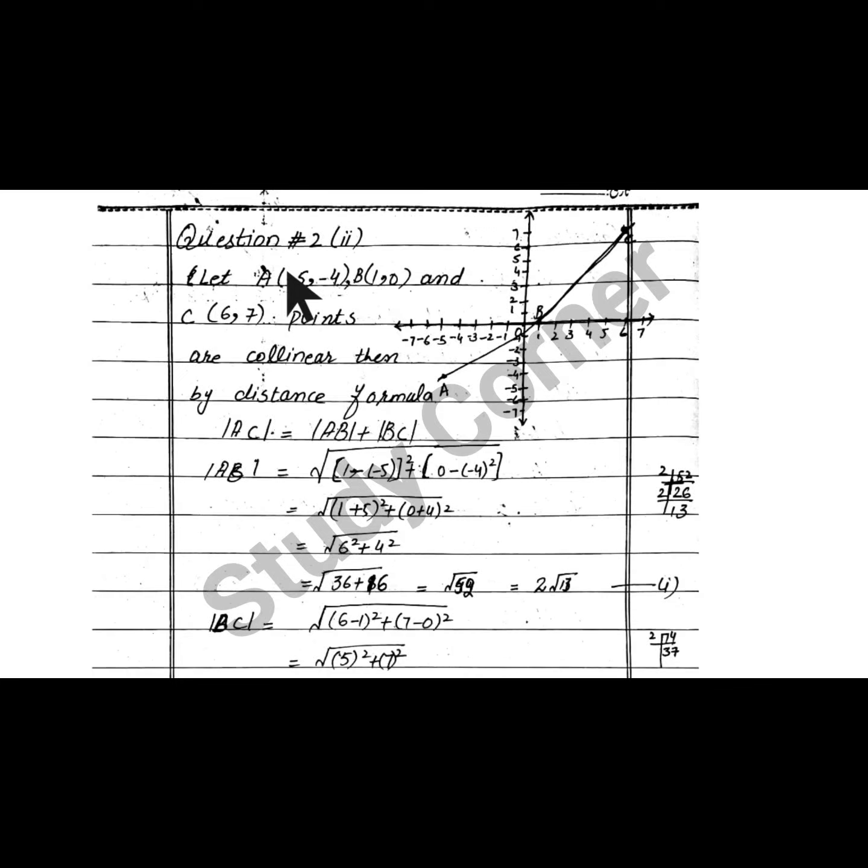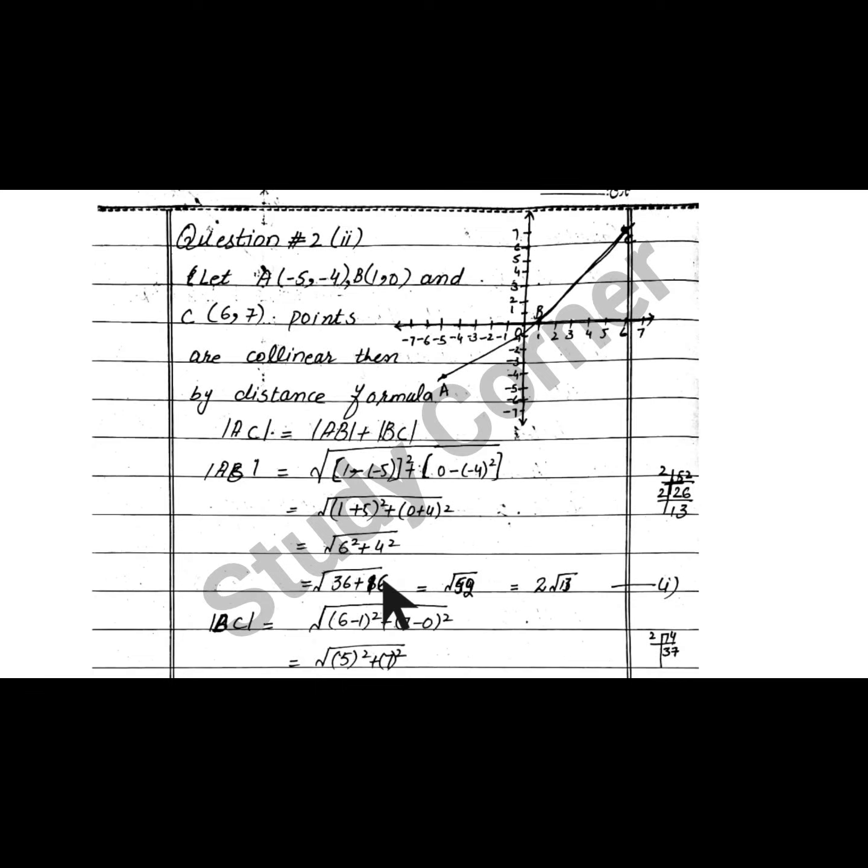So that is 1 minus (-5), one negative from the formula and one negative of its own, and then 0 minus (-4), so minus minus becomes plus: (1 + 5) whole square, and (0 + 4) whole square. That is 6 square and 4 square; 6 square is 36, 4 square is 16.